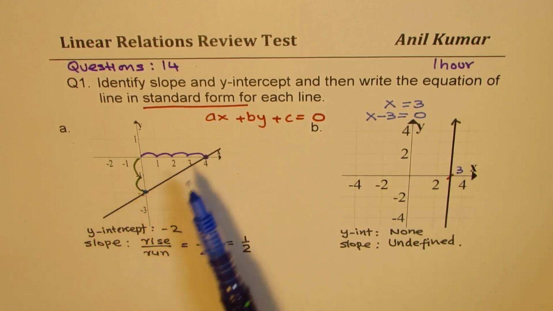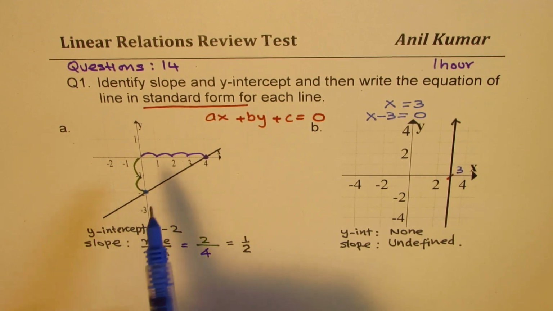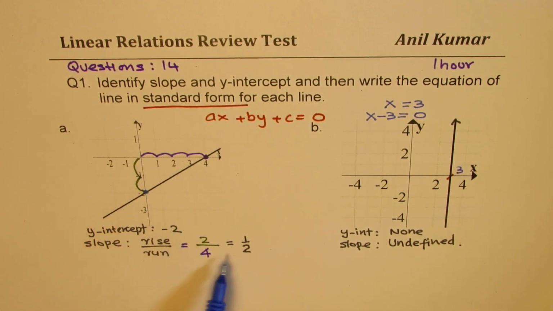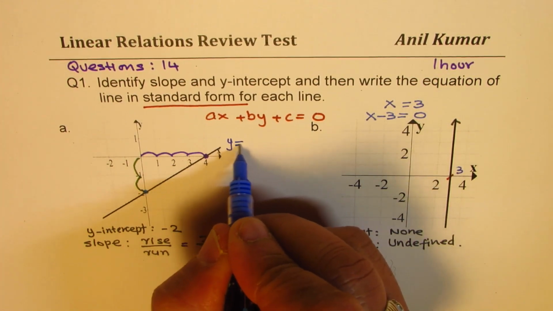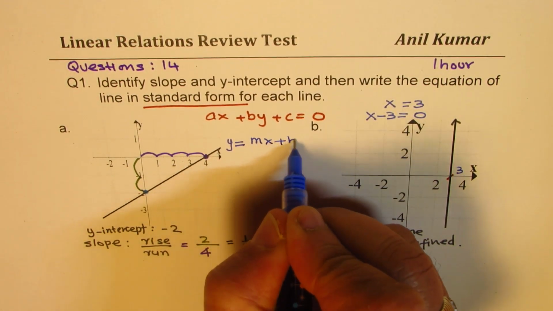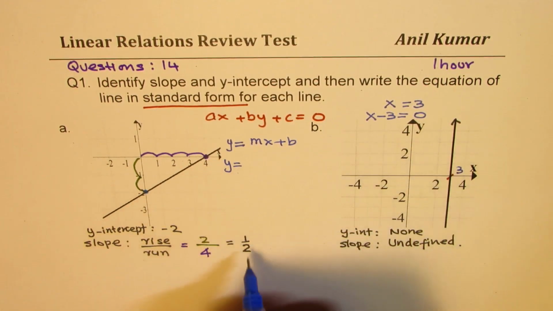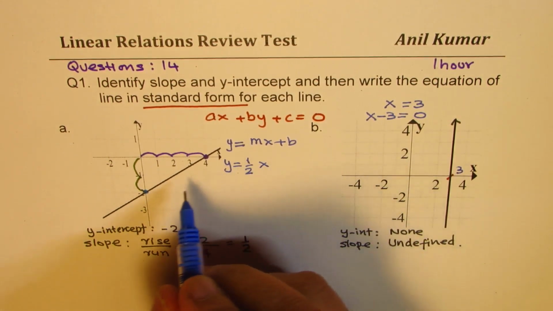How will you write the equation of the first line? Well, since we have slope and the y-intercept, we could write this equation in slope-intercept form, which is y equals to mx plus b, right? So in our case, the slope is half, positive half, and the y-intercept is -2.